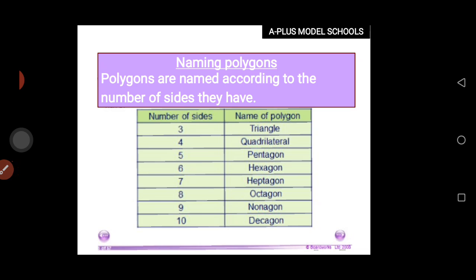Why? Because the lines are not measured. But once a shape is enclosed by any of these numbers of sides, you can call it according to the number of sides. So if the shape is having 3 sides, the shape is known as a triangle. For instance, an isosceles triangle is also a triangle. Why? Because it's having 3 sides.